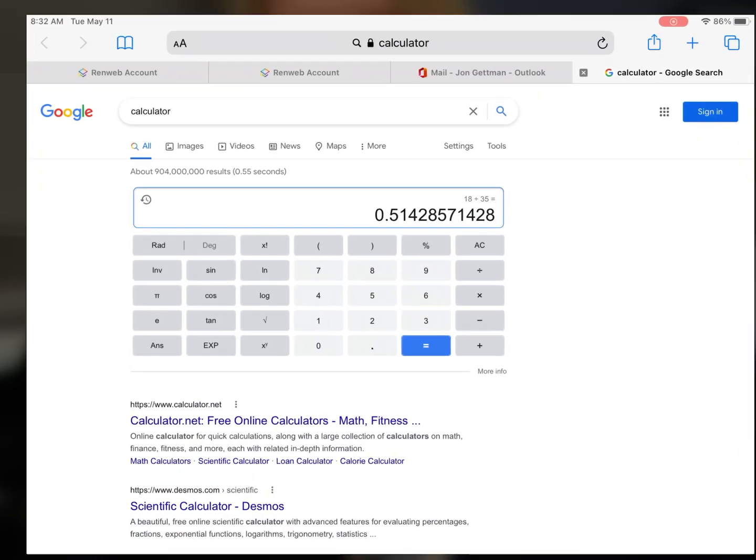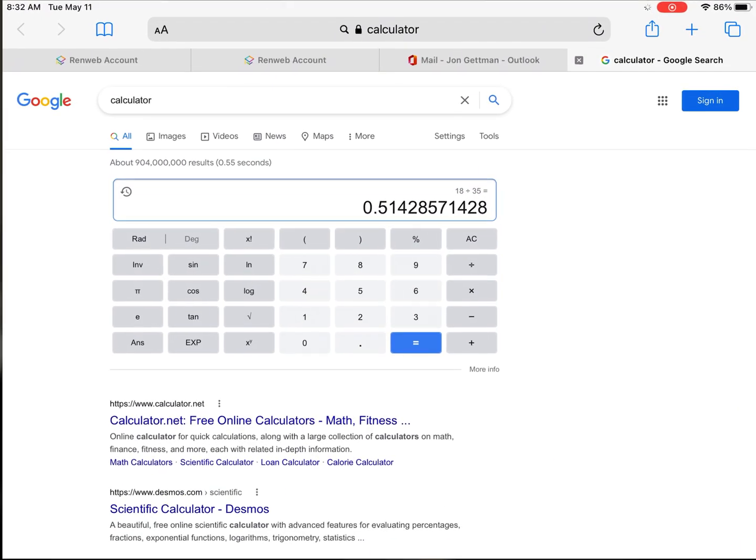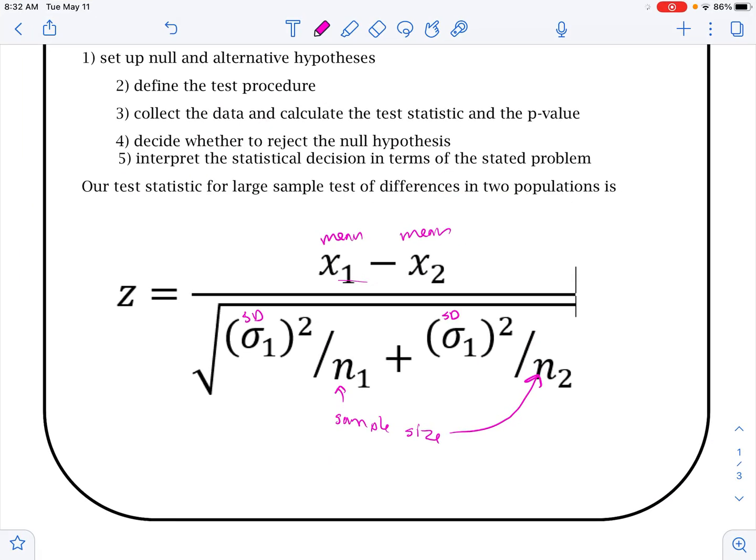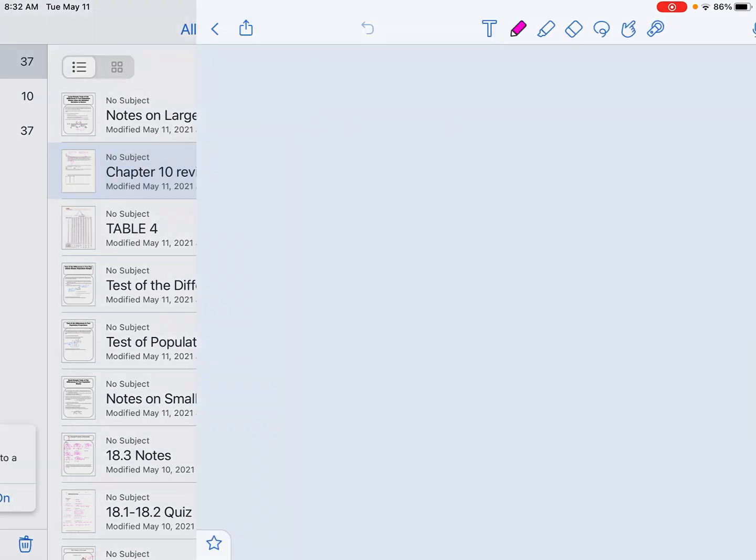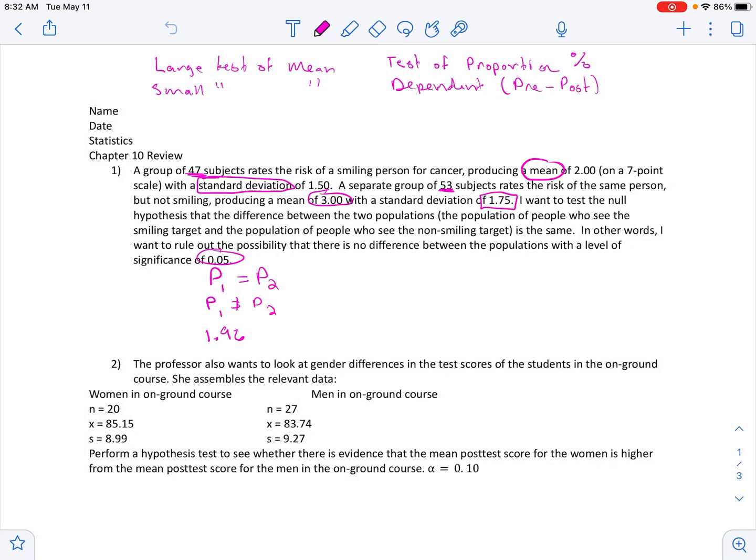So we'll go back, we'll do it real quick. We come here and we subtract these 2. So we go 2 minus 3 divided by the square root of standard deviation 1.5 squared over 47 plus 1.75 squared over 53.